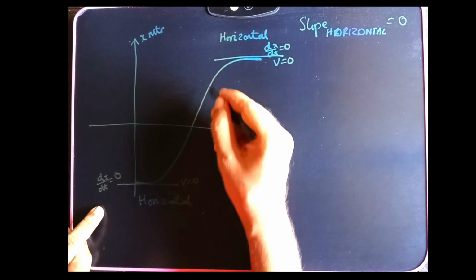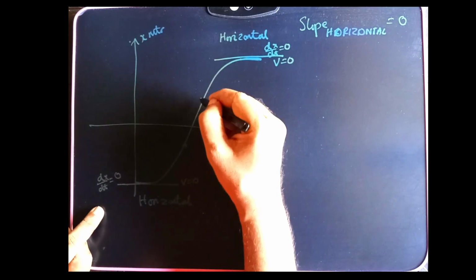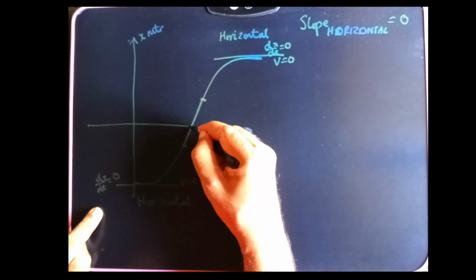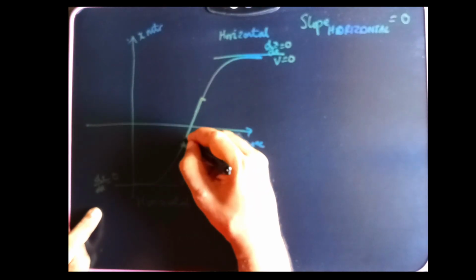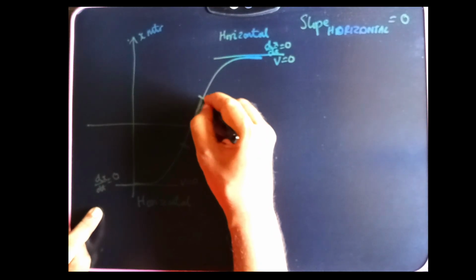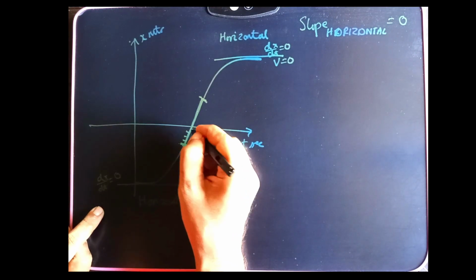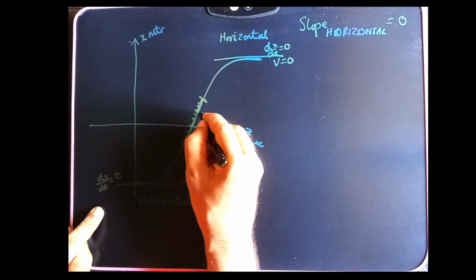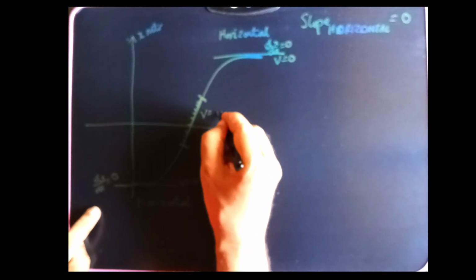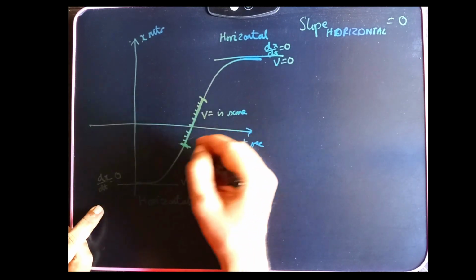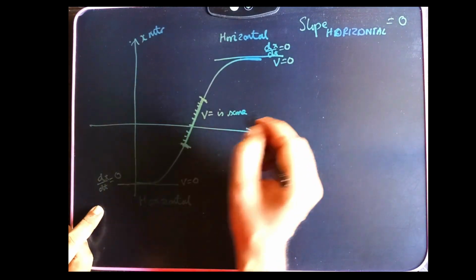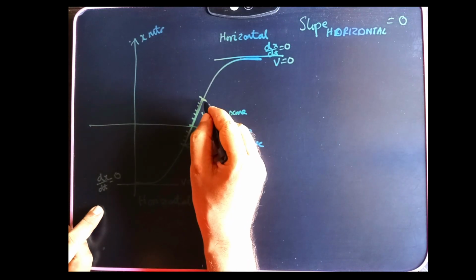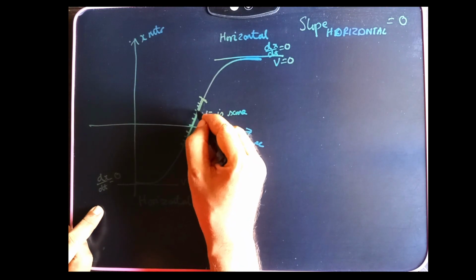Now from this particular instant from here to here, it appears like a straight line. So the tangent drawn at all these points, from here, here, here, at any point on this particular line, it appears that V is the same, because if I find the slope, this line is a straight line.